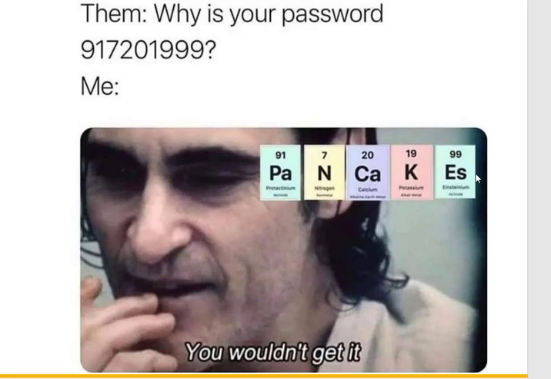In this case, he made pancakes: protactinium is element number 91, nitrogen is element number 7, calcium is 20, potassium is 19, and einsteinium is 99. So if you take these numbers, there you go. You have a unique password, but if you forget it, all you need to do is pull up the periodic table, and there's the numbers that make up your password. So anyway, I just thought that was kind of interesting.